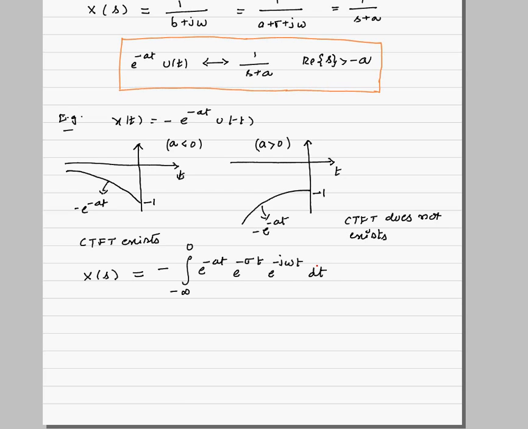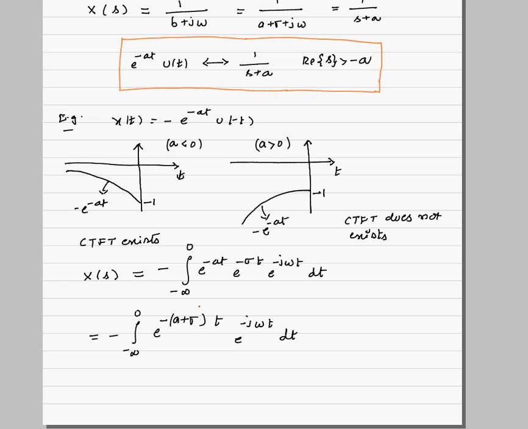If you simplify this, this will be equal to minus integral minus infinity to 0 e power minus of a plus sigma into t into e power minus j omega t dt.